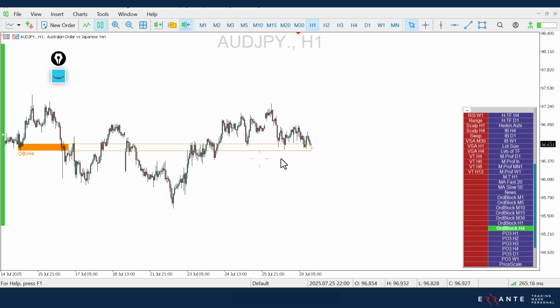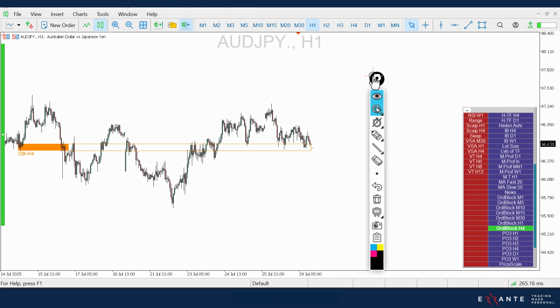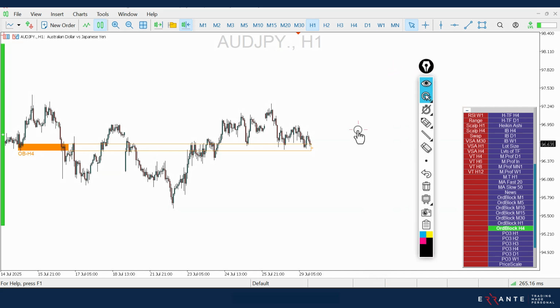This order block has been acting as a very strong level of support and resistance from the past, and now it's working as a support level. You can mark this level as a support, an order block support. It's a very important level.